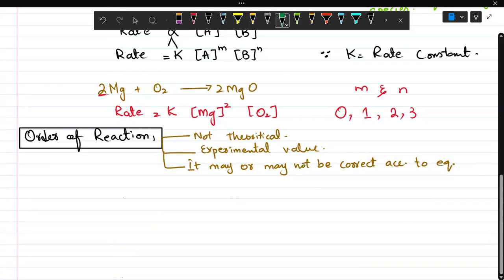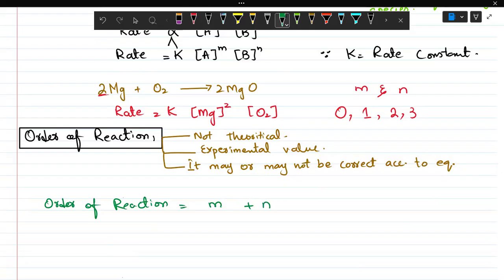These are the basic explanations regarding the order of reaction. So what is order of reaction? Order of reaction is equal to M plus N. Whenever you have a chemical equation, you add the powers, and you get a value like 1 or 2. Maybe M is 1, N is 2; M is 1, N is 1; M is 2, N is 1.